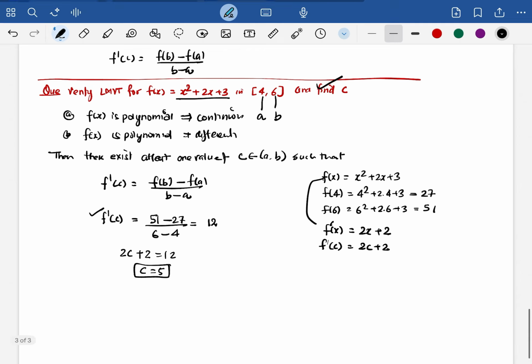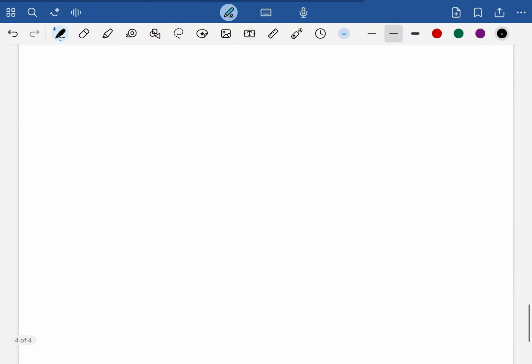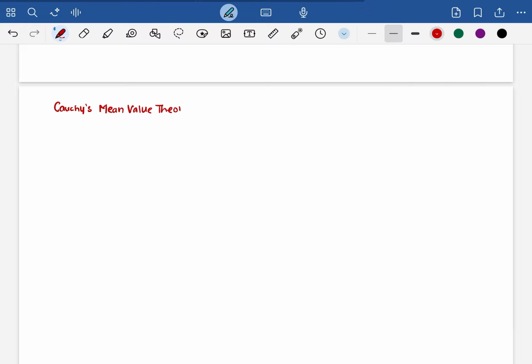Okay, now let's move on to the last theorem, that is Cauchy's mean value theorem, which is just an extension of Lagrange's mean value theorem. What does Cauchy's mean value theorem basically consider? Two functions.